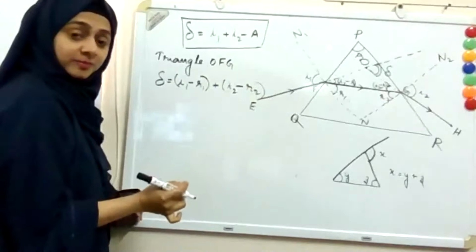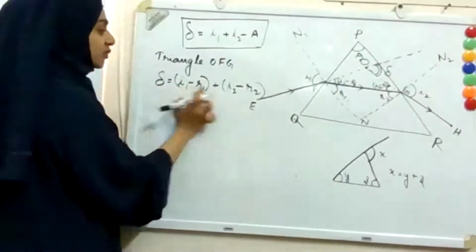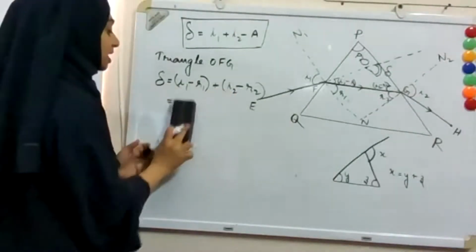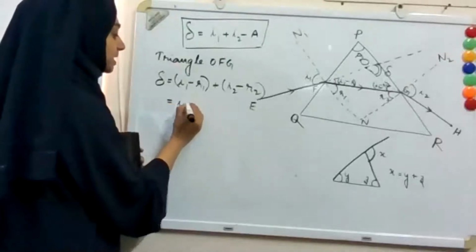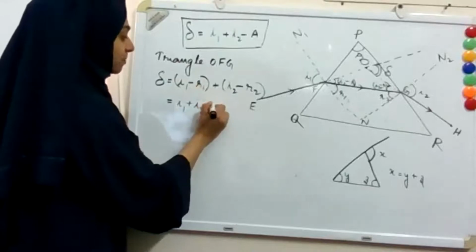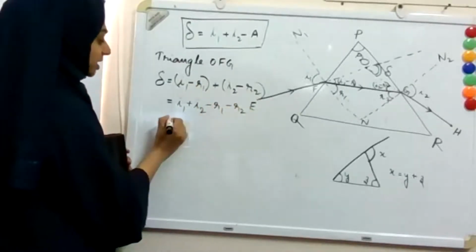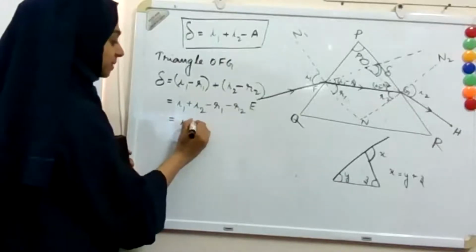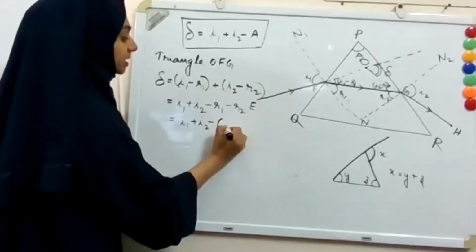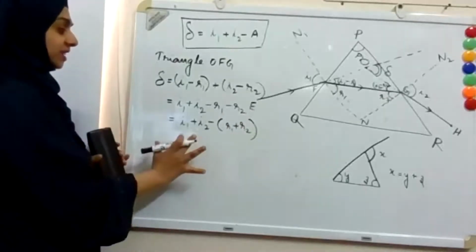Is that clear? Yes, teacher, clear. So I1 plus I2, I am writing together. Then what is remaining? Minus R1 and minus R2. So I can write this as I1 plus I2 minus, taking outside, minus of R1 plus R2.